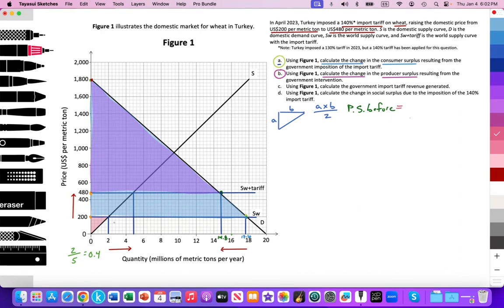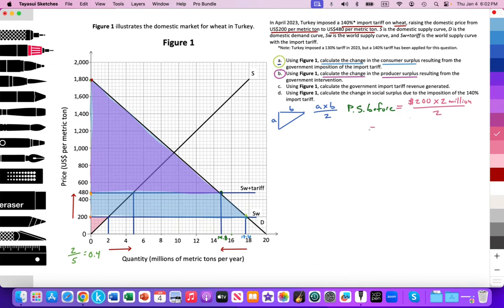Let's look at A. What's the height of A? The height of A in this case is 200. We can see that we're going from 0 up to $200. Very clear. Perfect. Multiplied by the base, in this case, of 2 million metric tons. 200 times 2 million, and all that divided by 2 because it is a triangle.